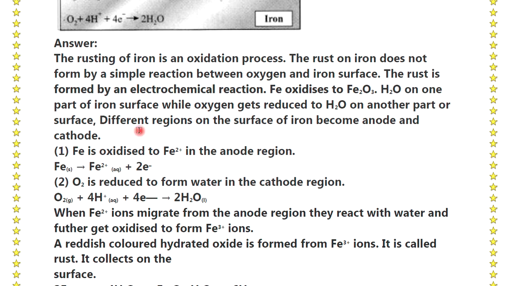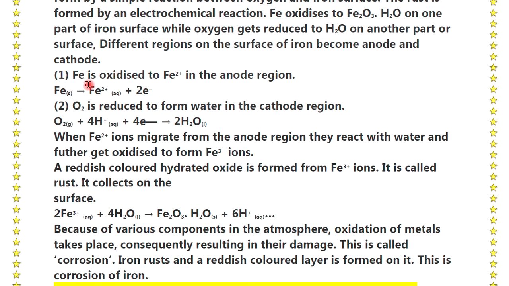Different regions on the surface of iron become anode and cathode. First, Fe is oxidized to Fe2+ in the anode region. Fe in solid form gives rise to Fe2+ plus 2 electrons.